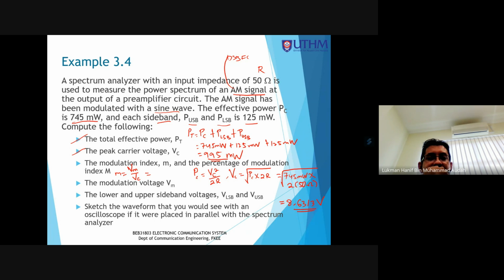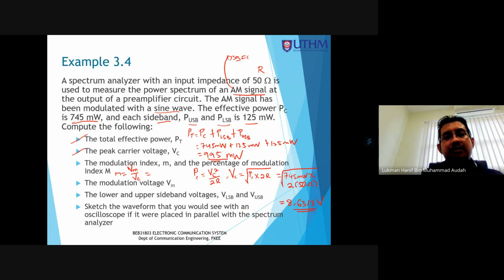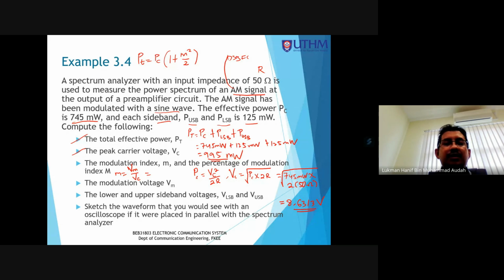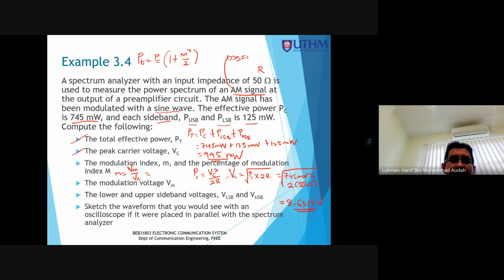We know the VC, so you can also use these equations if you want. P total is equal to PC times 1 plus M squared over 2, right? So we need to find the value of M, which means we need to rearrange the equation.